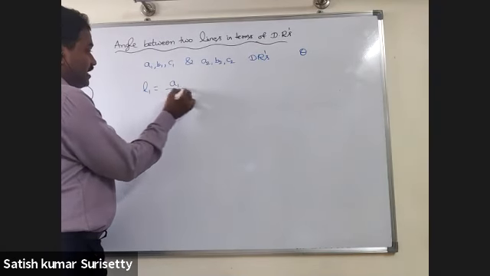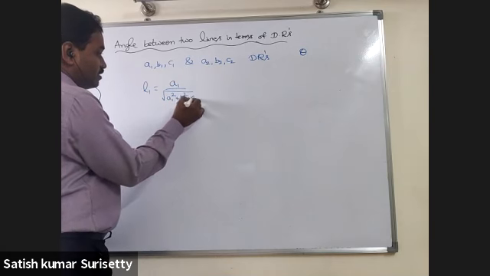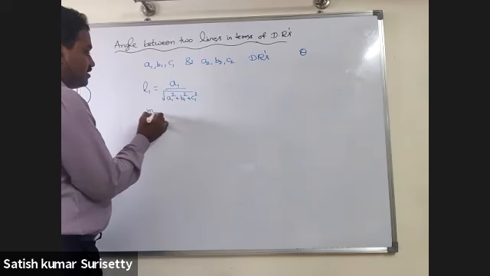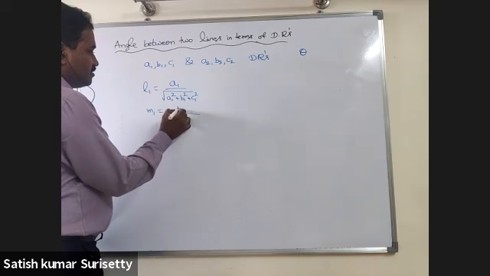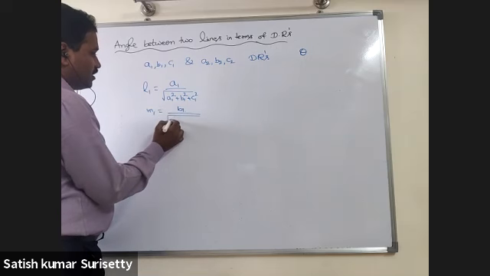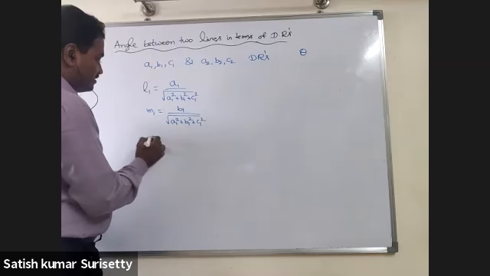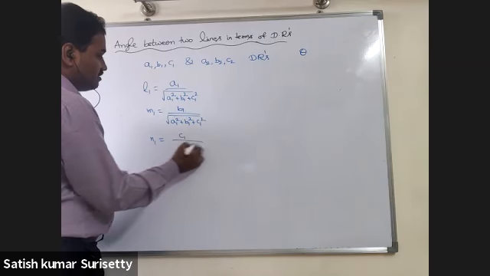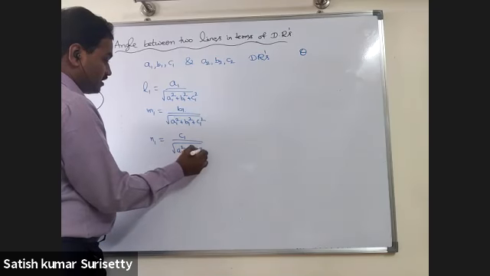L1 equal to A1 upon root of A1 square plus B1 square plus C1 square. M1 equal to B1 upon root of A1 square plus B1 square plus C1 square. N1 equal to C1 upon root of A1 square plus B1 square plus C1 square.